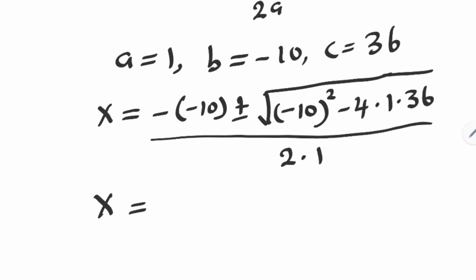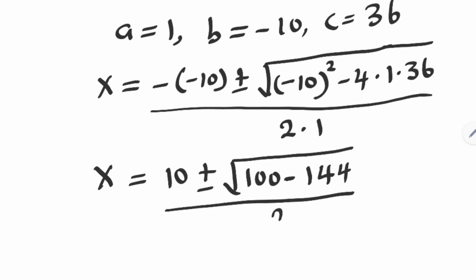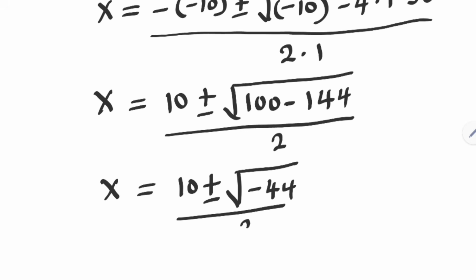x is equal to minus times minus 10, that is plus 10, plus or minus square root of minus 10 squared, that is 100, minus 4 multiplied by 1 multiplied by 36, that is 144, divided by 2 multiplied by 1, 2. x is equal to 10 plus or minus square root of 100 minus 144, that is minus 44, divided by 2.